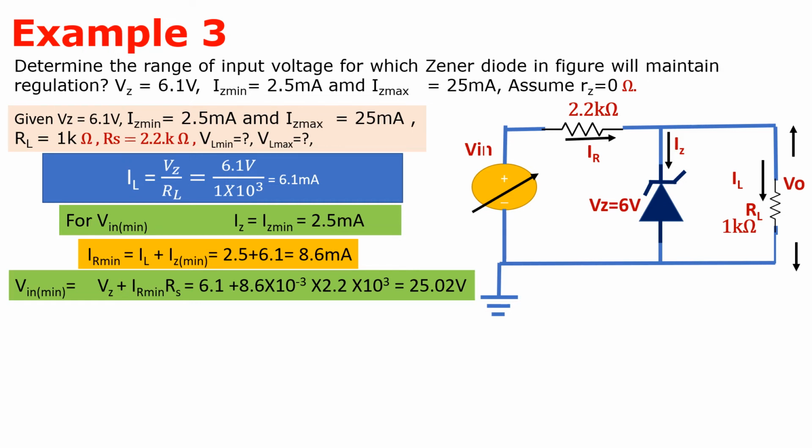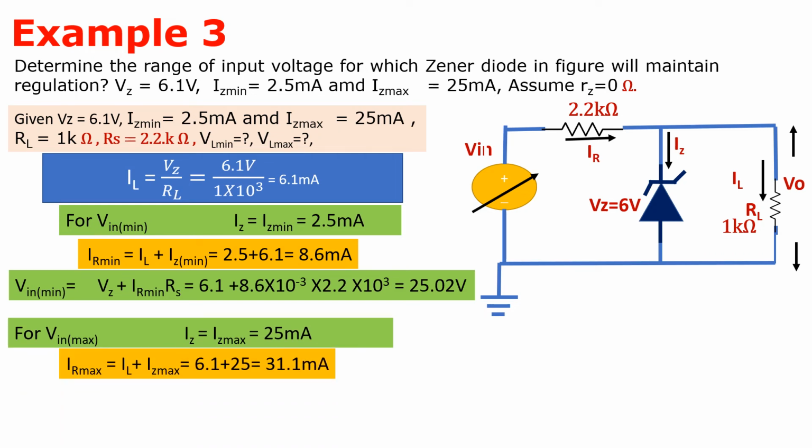So here my Zener current is 2.5 milliamps and the load current is 6.1. So the IR min will be 8.6 milliamps. The minimum input voltage can be calculated by Vz plus IR min times Rs. Here you can write this equation by applying KVL. So it will give you 25.02 volts.